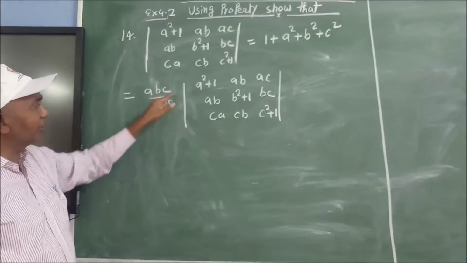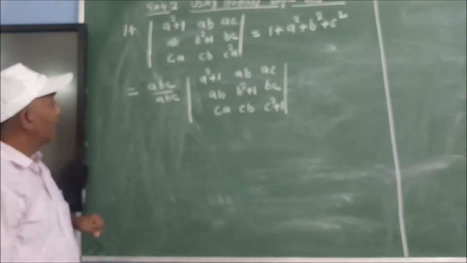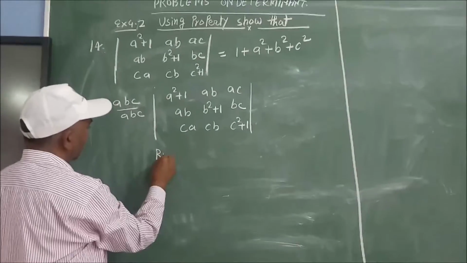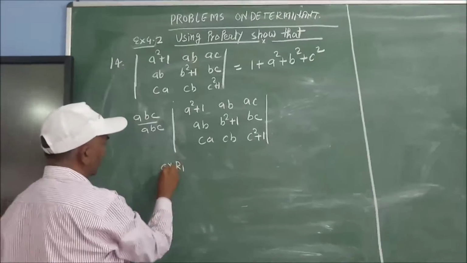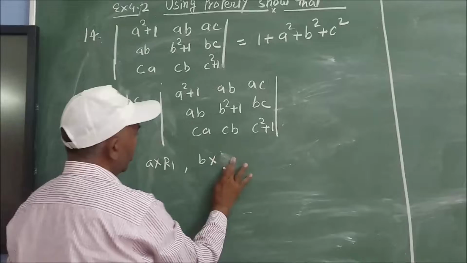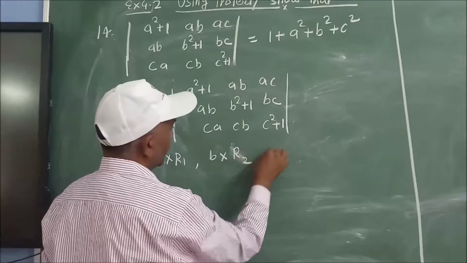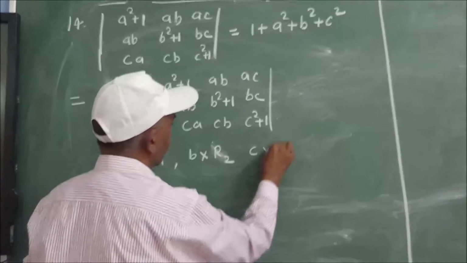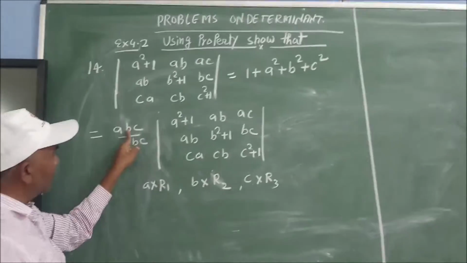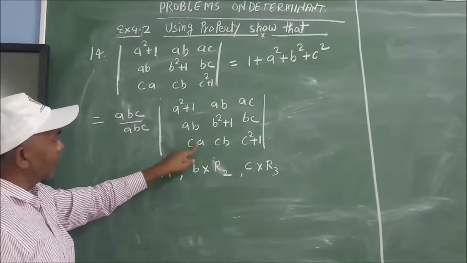So this does not change the value of the determinant, and use it as multiply r1 by a, r2 by b and r3 by c. Then what happens? This a multiplies to this, b multiplies to this and c multiplies to this.